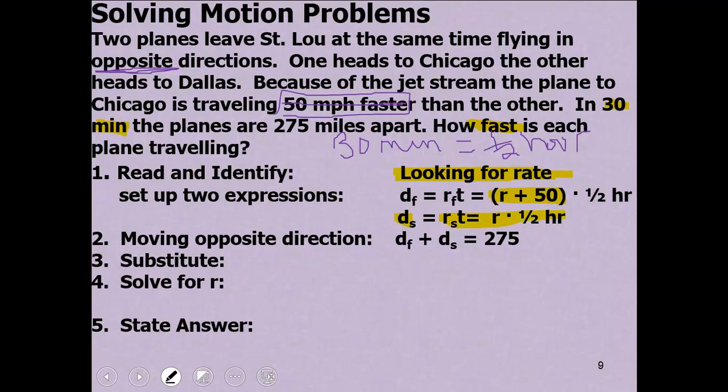Okay, so now we're going to plug in those two expressions. We have 1/2 (R plus 50), and we have 1/2 R. So the distance traveled of my faster is equal to, I'm just going to move my 1/2 out in front, just to keep it the way we're used to seeing it, 1/2 times (R plus 50), plus the distance of my slower vehicle, which is 1/2 times R, has to equal 275.